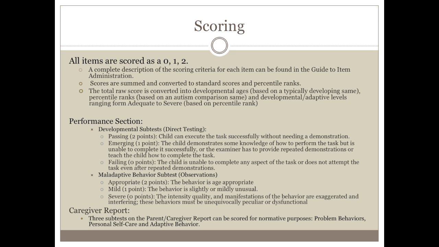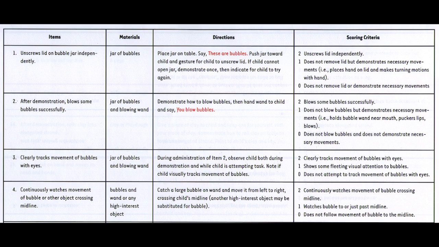Keep in mind that complete description of the scoring criteria for each item can be found in the Guide to Item Administration. Look closely at this example from the Guide to Item Administration. In the far right column, specific scoring criteria for each item is included.